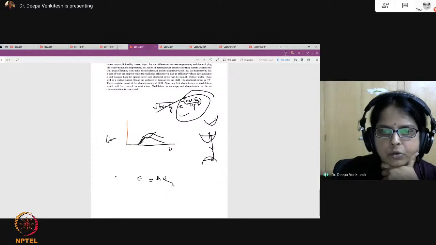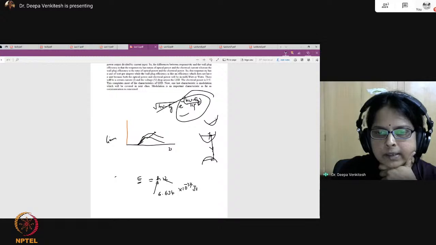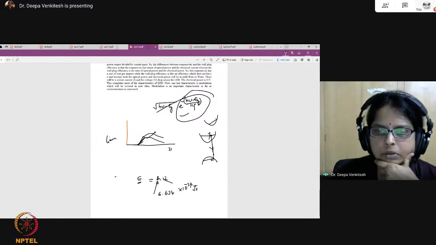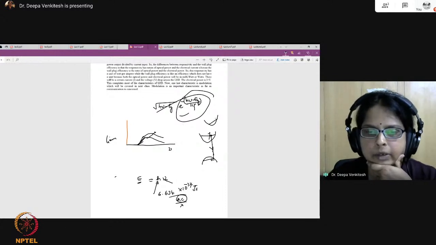As nu changes, your E will keep changing. The only constant here is H, Planck's constant, 6.635 into 10 power minus 34 joule second. So you can't substitute for nu something else. What you can also think of doing is, if lambda is what is given, you can write this as Hc by lambda, and you can find out this product and use that product because c is a constant.